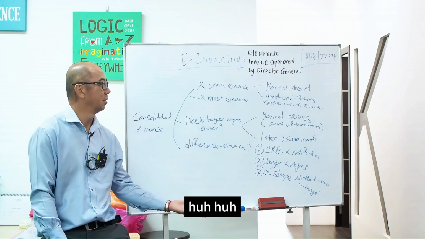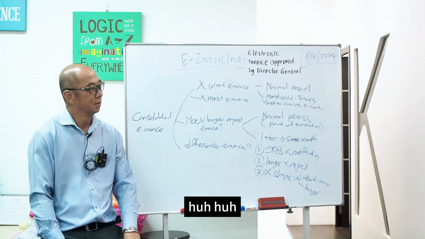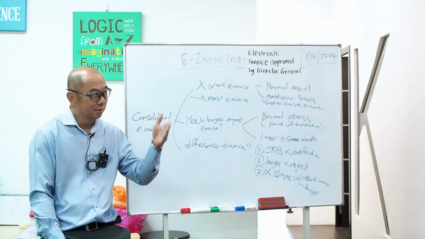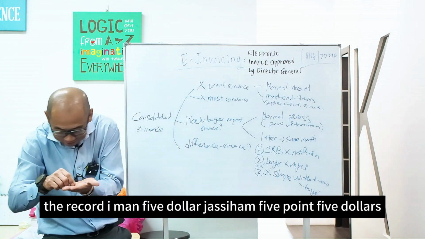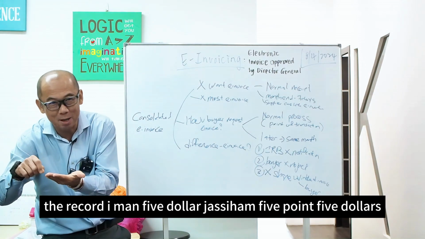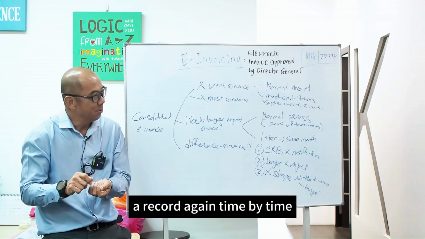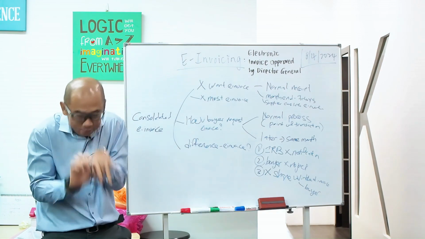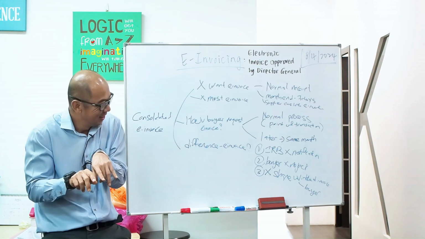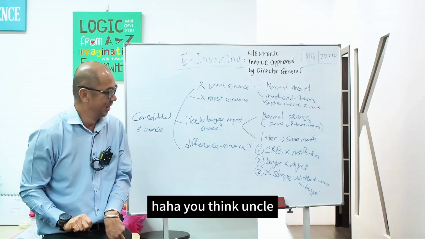How to do the consolidated? They record down and then issue the bill. Then they consolidate after. They record $5, $5.50, and at the end of the month they go and record again type by type, then enter and send to IRB.